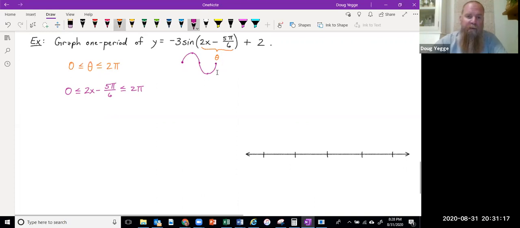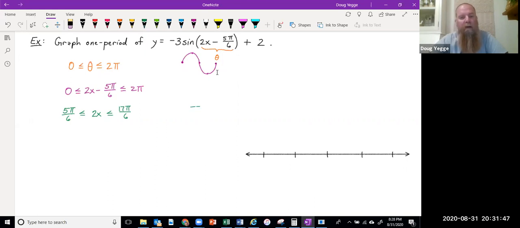So we can add 5 pi over 6 first. So that's going to give me 2x in the middle. If I add 5 pi over 6 to the left side, I get 5 pi over 6. And if I add 5 pi over 6 to 2 pi, keeping in mind that that's 12 pi over 6, then that means the right side is 17 pi over 6.